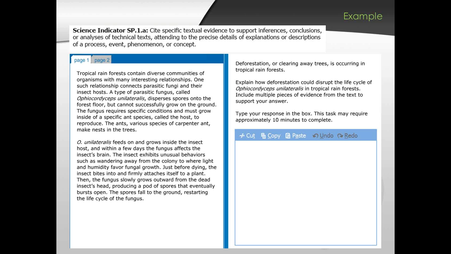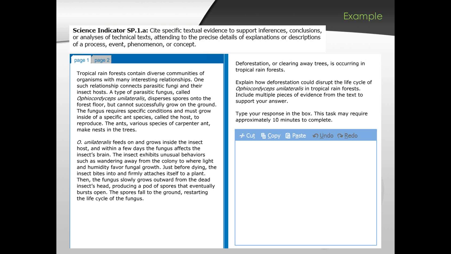When I look at this one, and again it says pull specific evidence, sometimes, as Susan told you, it could be in a multiple choice or technology enhanced item, but sometimes students are going to have to show that skill and write. And this would be an example of that, where the question is to explain how something occurs and then to include multiple pieces of evidence from the text.